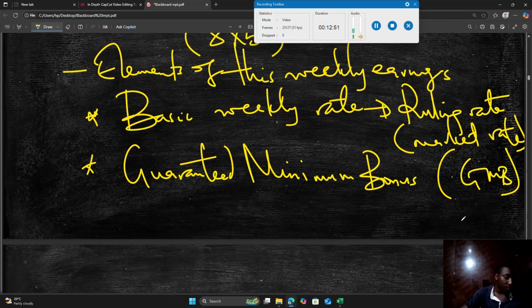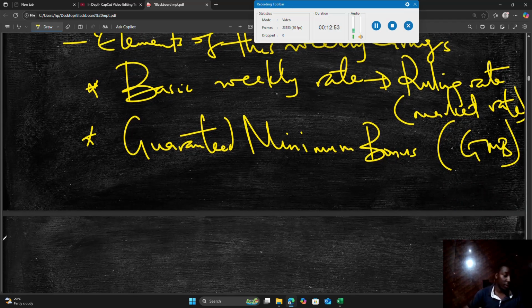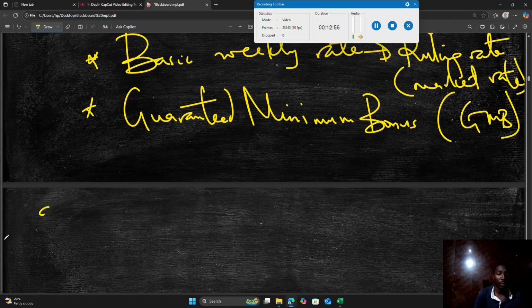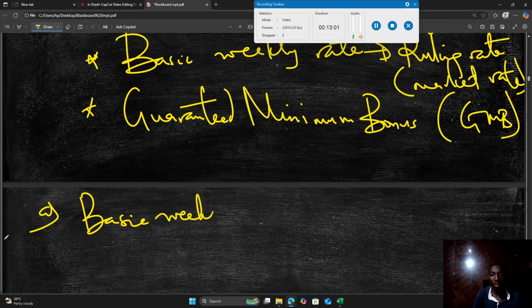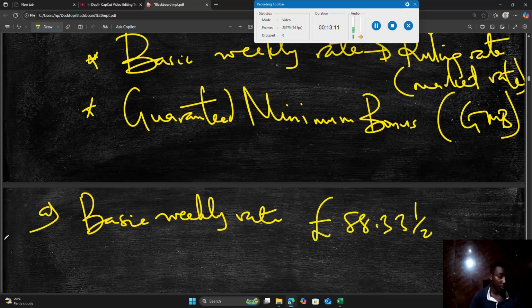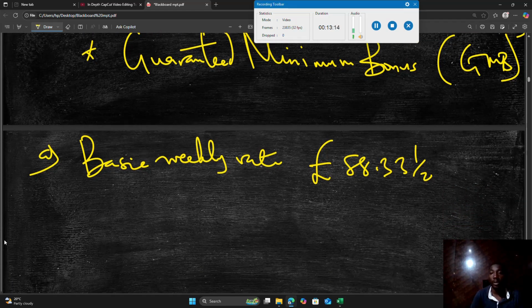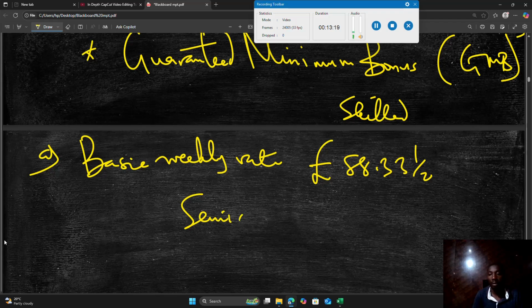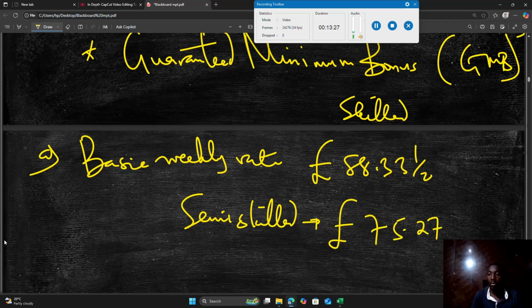So let's say, for example, the basic weekly rate is set at 88.33 and a half euros for skilled labor, and semi-skilled is set at 75.27 euros.